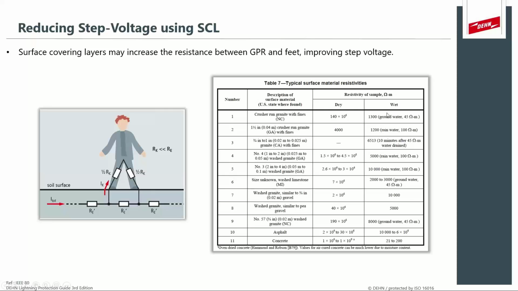We typically use the wet conditions because when there's lightning it rains, so we would have wet conditions as well. For the purposes of this example, we will work on 10,000 ohm meter, and that's the first thing we apply. We apply 10,000 ohm meter and we work on a 150 millimeter thickness application. That's the first mitigation factor we use against step voltages.